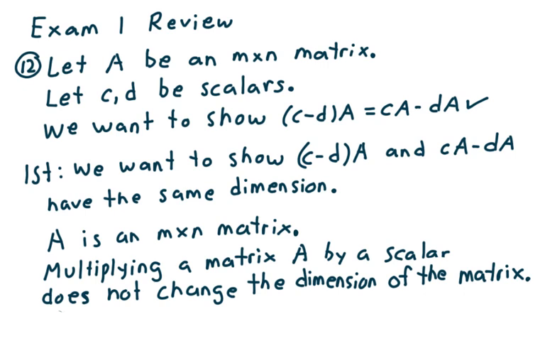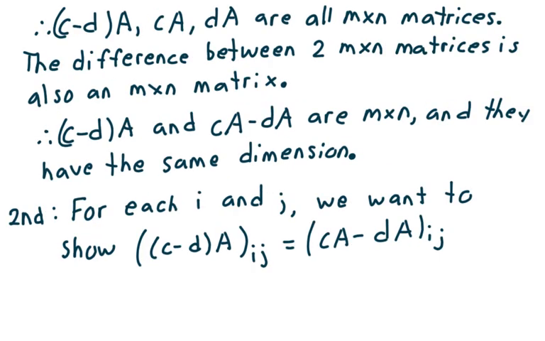Step 1, or first step, we want to show (C minus D) times A and CA minus DA have the same dimension. A is an m by n matrix. That's given. Multiplying a matrix by a scalar does not change the dimension of the matrix. And so what that tells me is that (C minus D) times A, CA, and DA are all m by n matrices.